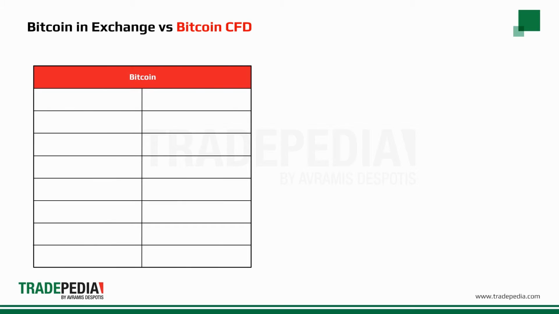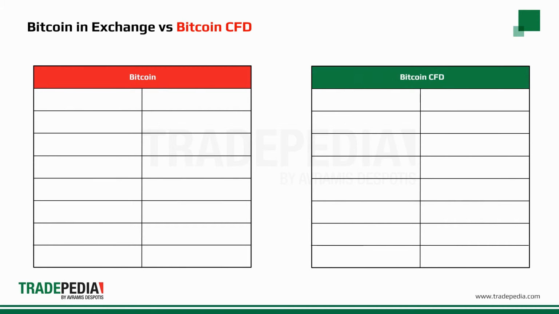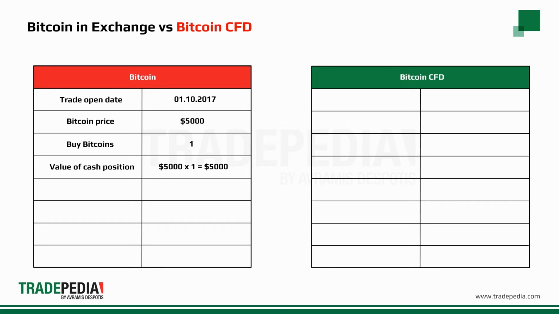Comparing Bitcoin Cash and Bitcoin CFD. Starting with the Bitcoin Cash. We bought on the 1st of October 1 Bitcoin at an exchange of $5,000. The value of our position equals 1 times 5,000 equals $5,000. With a transaction fee of 1%, we would be charged 5,000 times 1%, which equals $50.